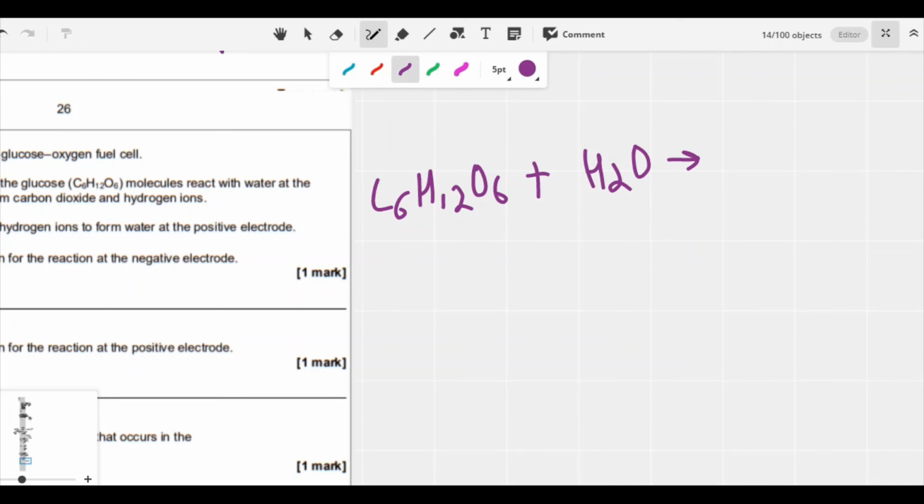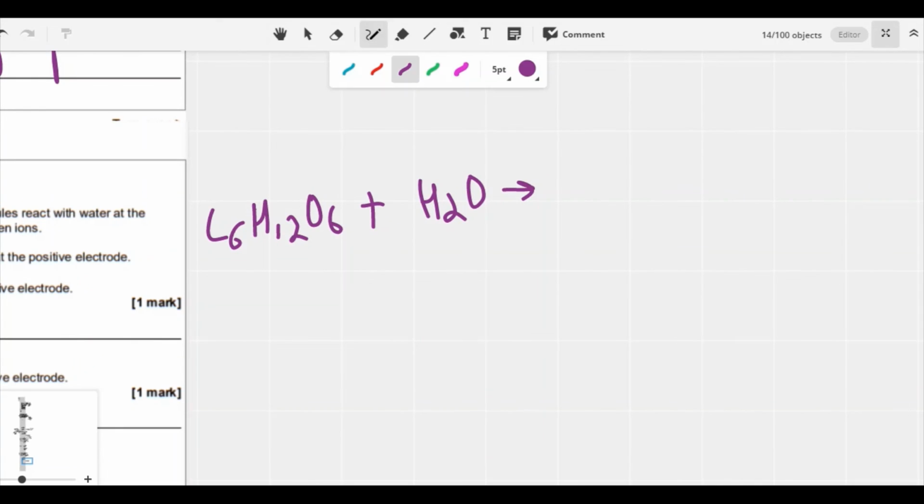It will form carbon dioxide plus, now you can see there are 6 carbons, so you need to add 6 here.